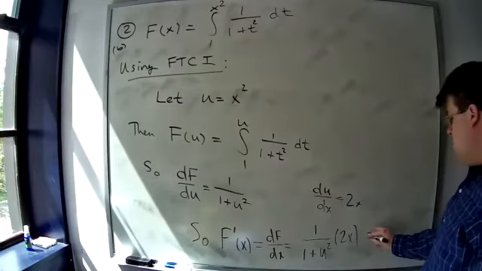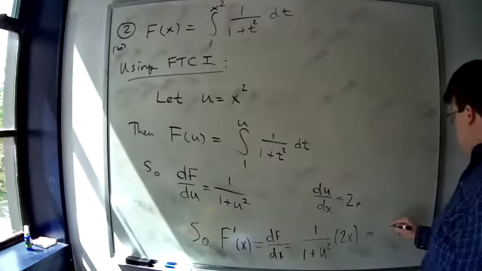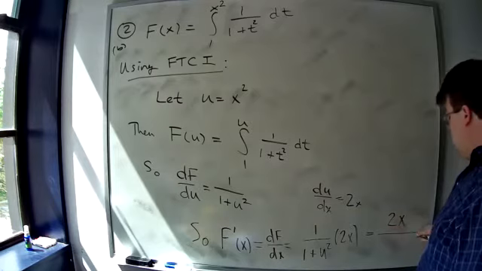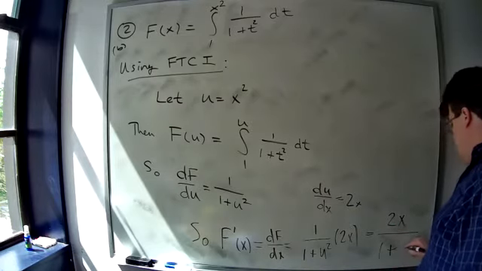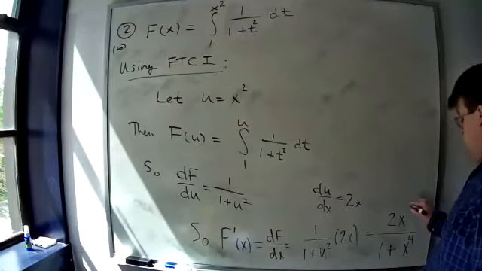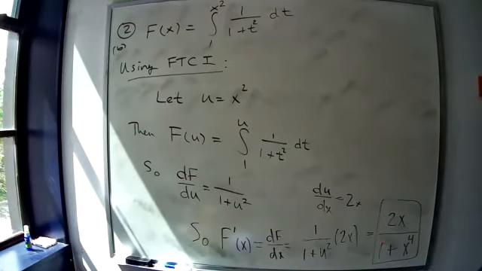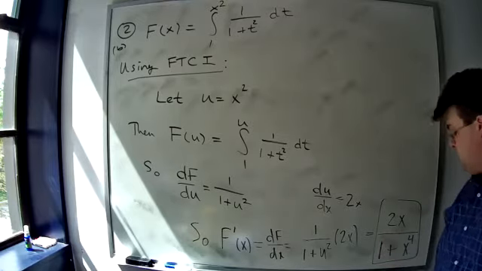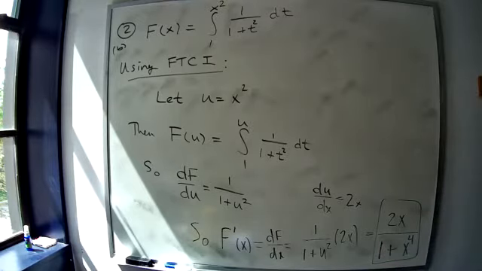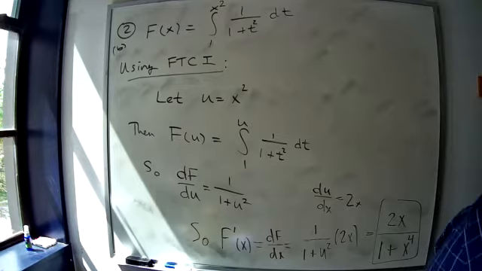And we'll get rid of u there because u equals x squared. We can write it as one fraction, and we get 2x over 1 plus x to the 4. Any questions about that one?